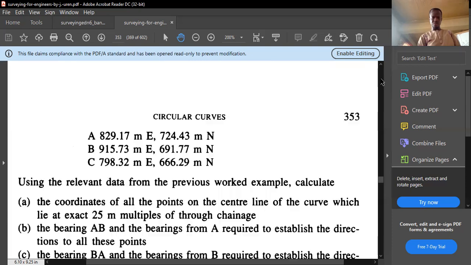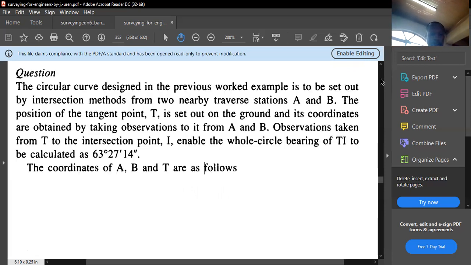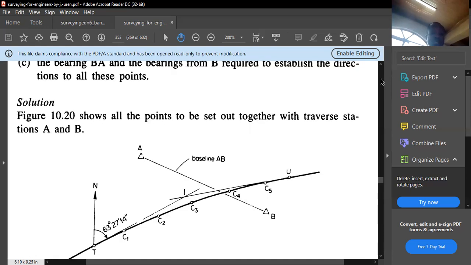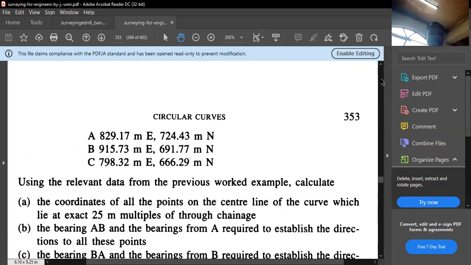So I should now give you the coordinates. Let me just write them. A, B, and T. So T is 798.